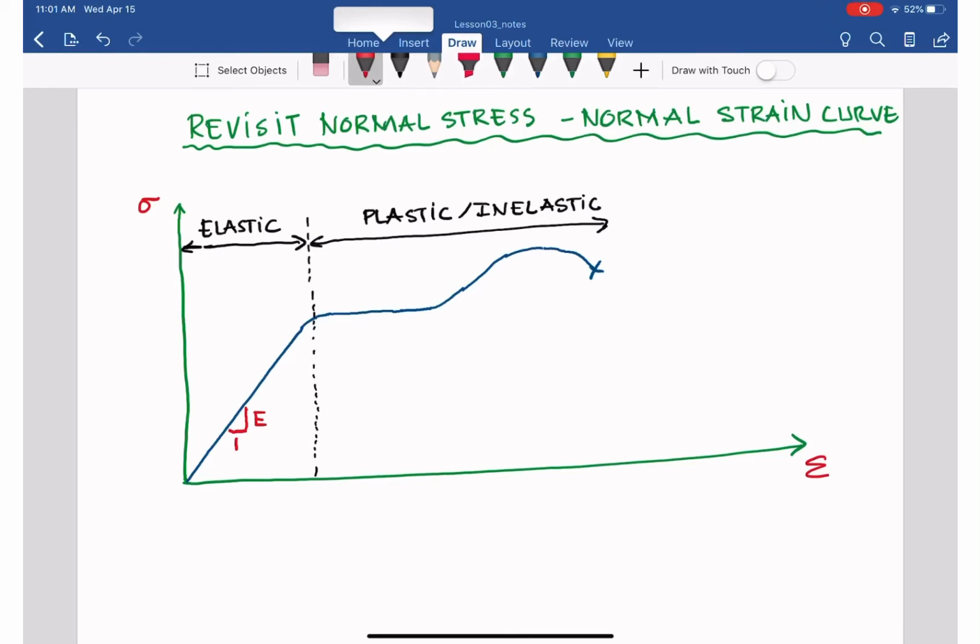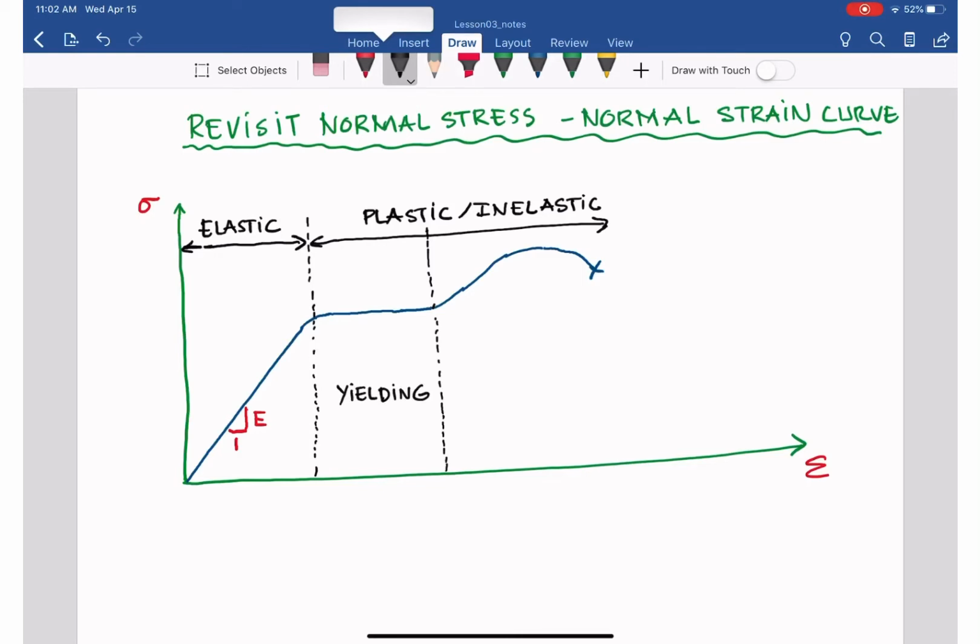As you can see, the material starts yielding after the elastic region. Without increasing the stress, the material keeps yielding and the normal strain epsilon keeps increasing. This portion we call yielding.